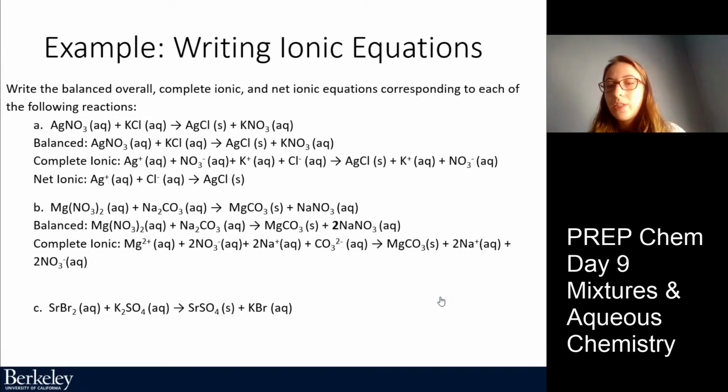Would it have been wrong to have put in the complete ionic equation for B, Na with a 2 plus charge instead of 2 Na with 1 positive charge? Yes, that would have been wrong because sodium is one of the cations that will always have a +1 charge. If that's confusing, I would go and look at the lecture slides, particularly from last class, and some from last week too, where we discussed that.